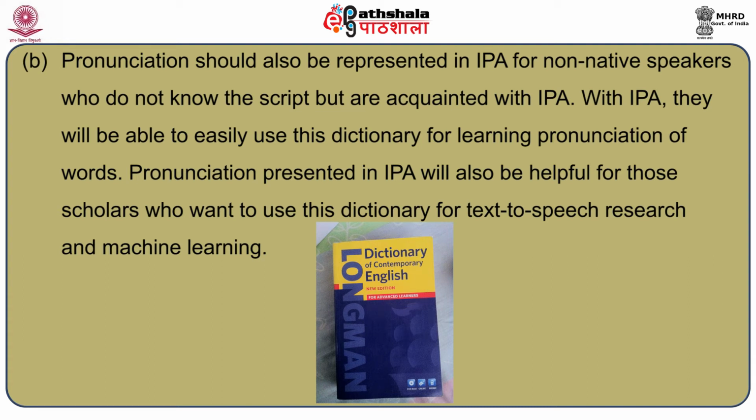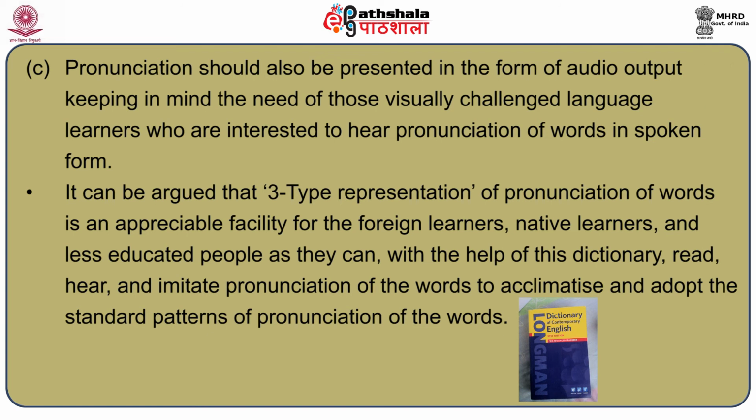Pronunciation represented in IPA will also be useful for those scholars who want to use the dictionary for text-to-speech research and machine learning. Third, pronunciation should also be represented in the form of audio output, keeping in mind the need of those visually challenged language users who are interested to hear the pronunciations of words in spoken form.